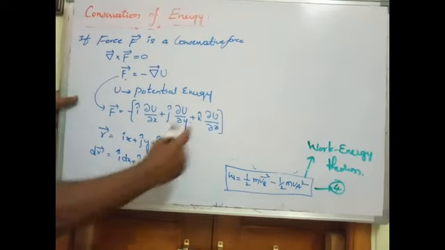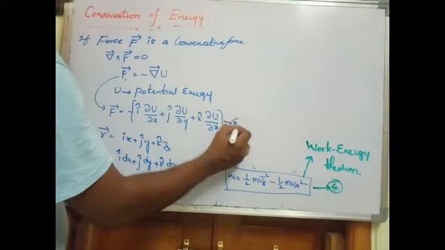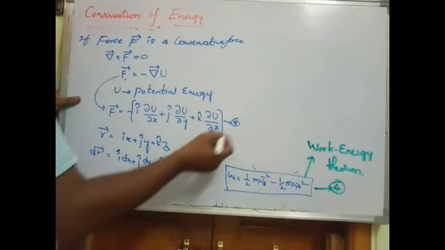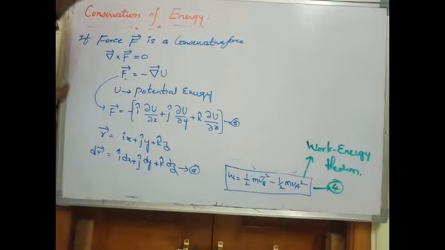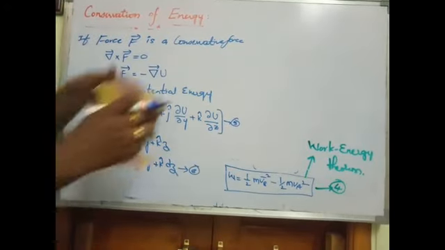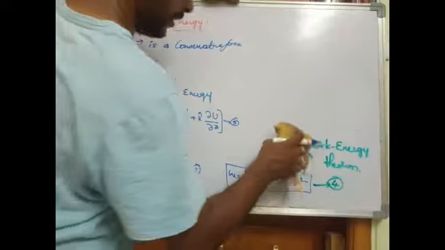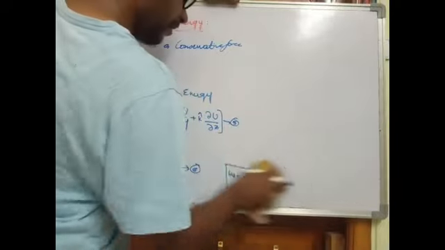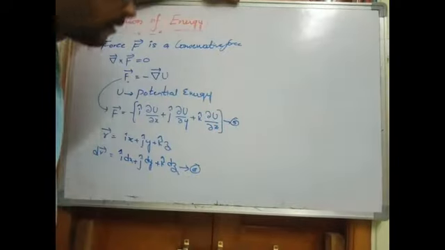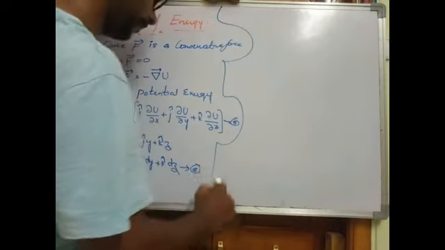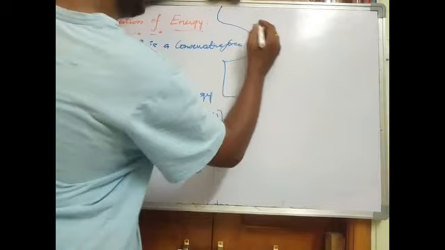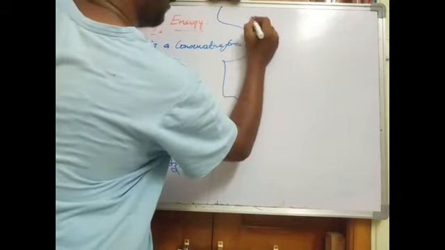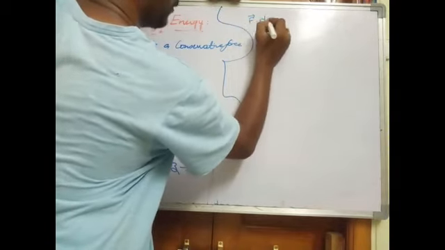Assume this is equation number 5. Earlier we assumed equation 4, this is equation 5, and this is equation 6. Now from equations 5 and 6, how can we write F bar dot dr bar?